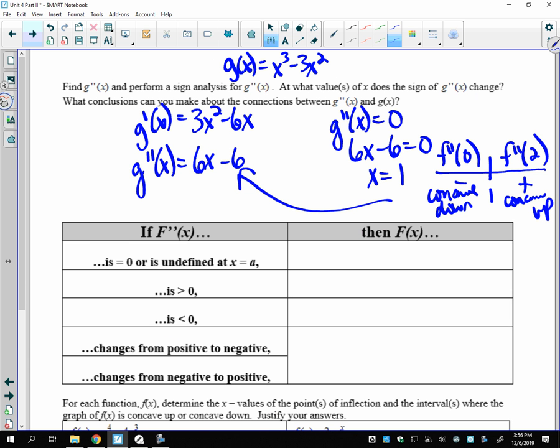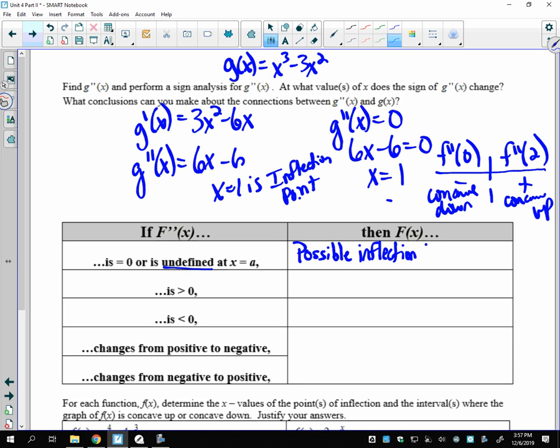So we can say, because it changed, that x equals 1 is an inflection point of your graph. Okay? So if I set my second derivative equal to 0 or undefined, these are possible inflection points. I like to call them PIPs, possible inflection points.